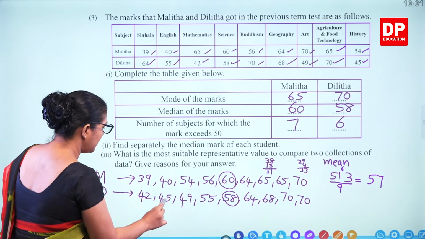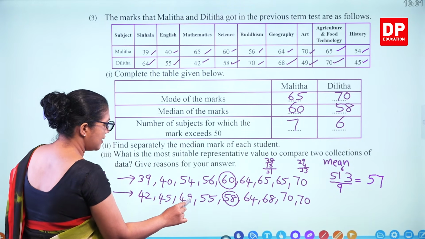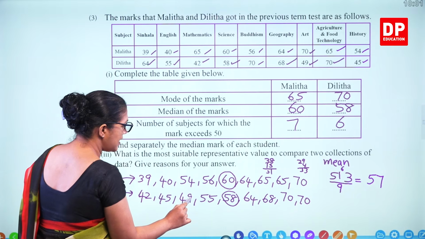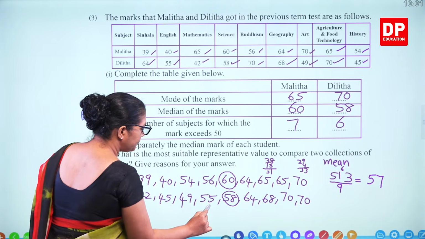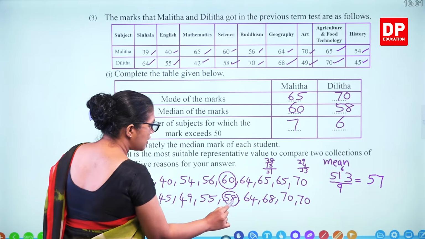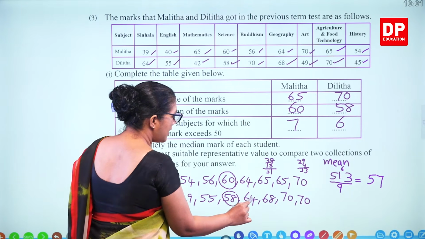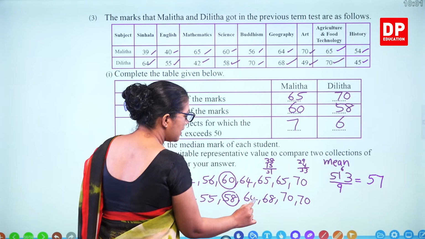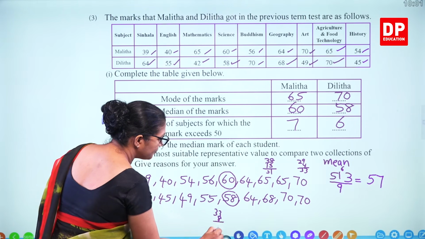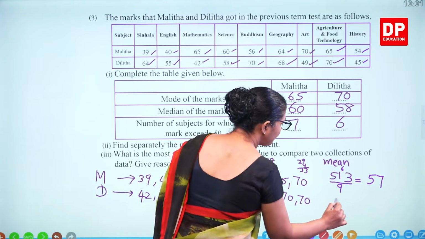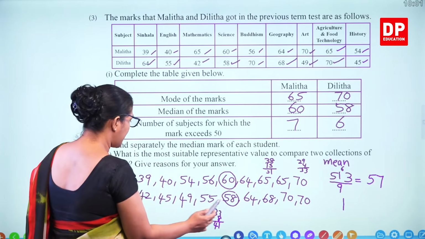Add everything. 7 plus 9, 16. 16 plus 5, 21. 21 plus 8, 29. 33. 33 plus 8, 41. 4 remaining.